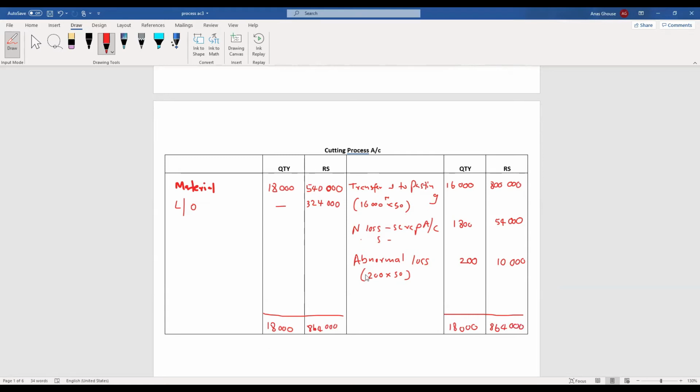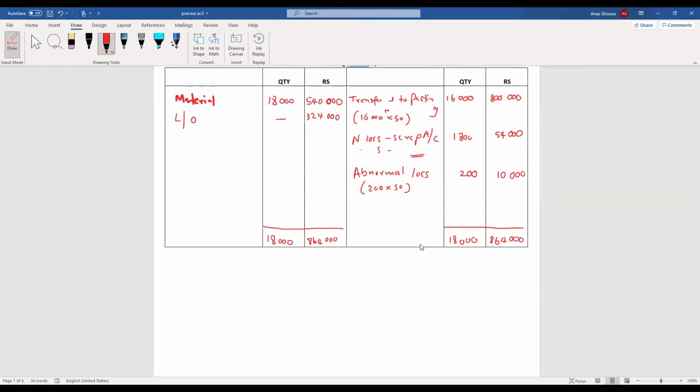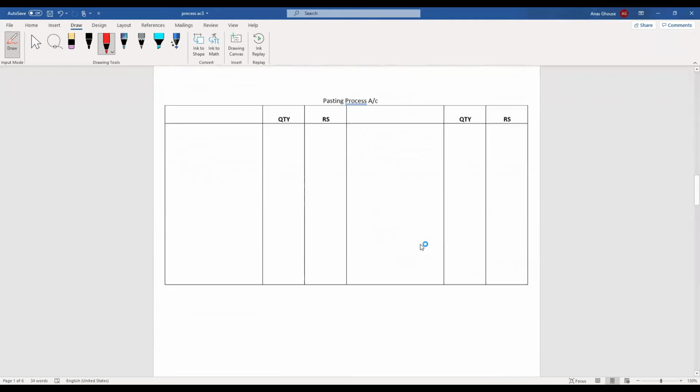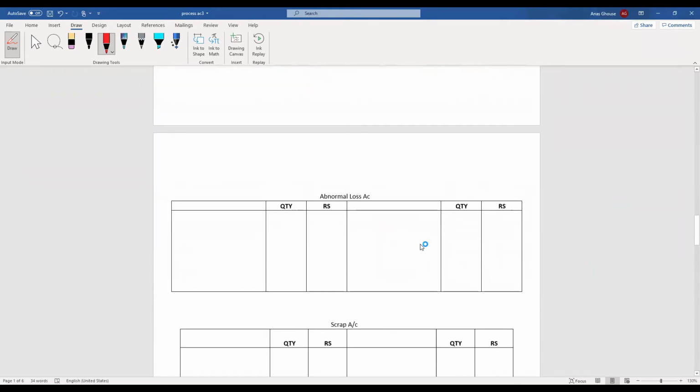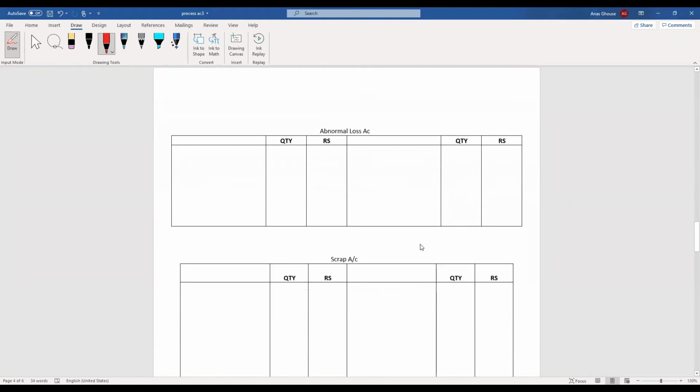So let's transfer this normal loss to the scrap account. I have already opened a scrap account here, with the abnormal loss account as well. The normal loss of 1,800 is transferred to the scrap account, because this could be sold for 54,000.